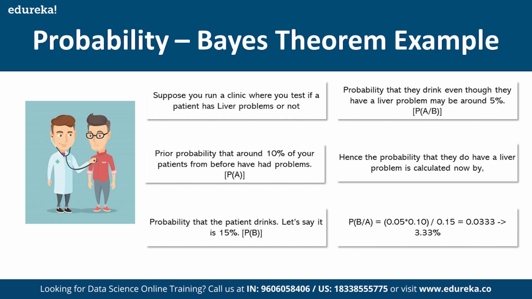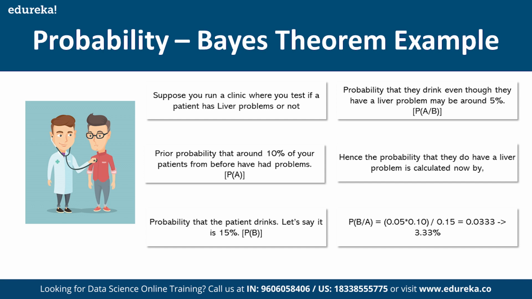Now the Bayes theorem can be used to solve problems, like suppose you run a clinic where you test if the patient has a liver problem or not. Suppose you are having a clinic and a liver patient comes there. The probability that the person has a liver problem is 5%. 10% of the patients from before have had liver problems. So of all the patients you have seen till now, 10% were having liver problems.